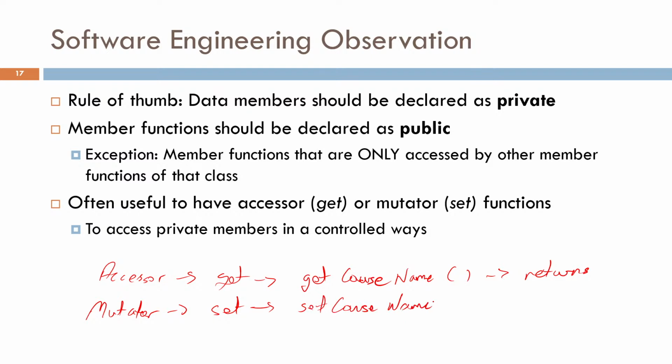And because it was a mutator, meaning that we had to set it, we needed an input variable for our function, so we could have string input. And that sets our course name for us as required. So the accessor will return the private data member variables. The mutator would set the values to our private data member variable.